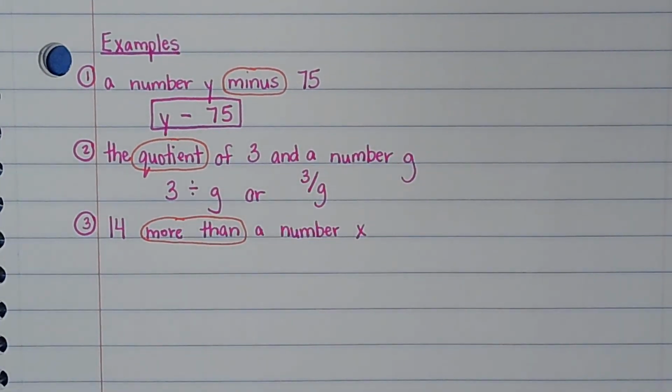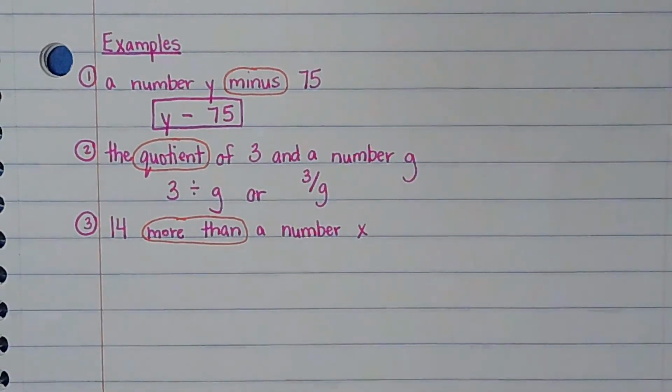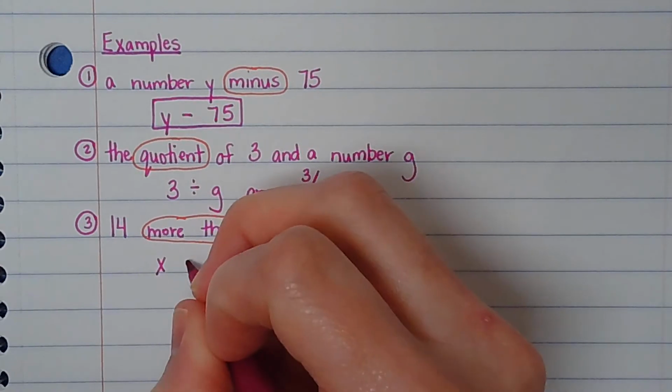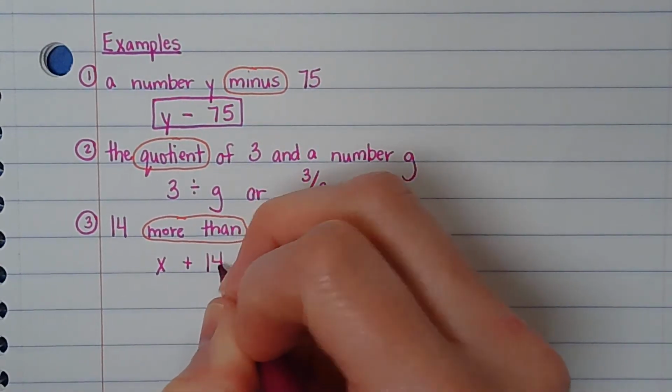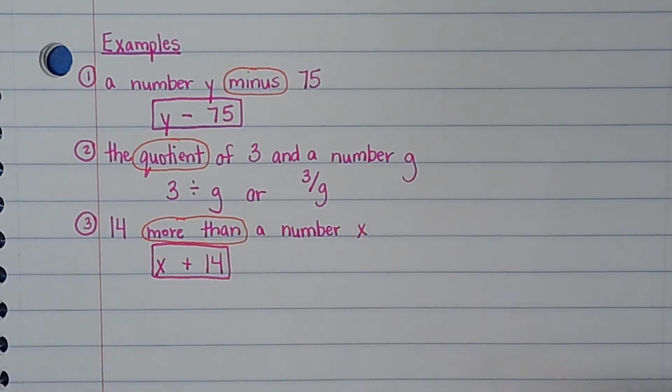I look up on my list and I see that more than is on the addition column, but also more than has a star beside it. So therefore that tells me I need to flip the order. So instead of doing 14 plus X, I'm actually going to flip it, and I'm going to do X plus 14. Okay, because it's one of those than words. Anytime you have a than word, you have to flip the order.